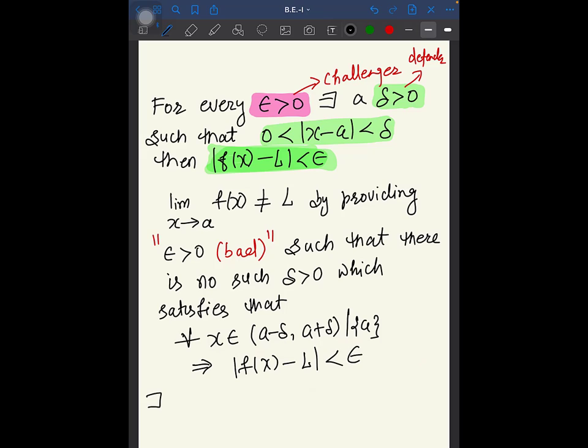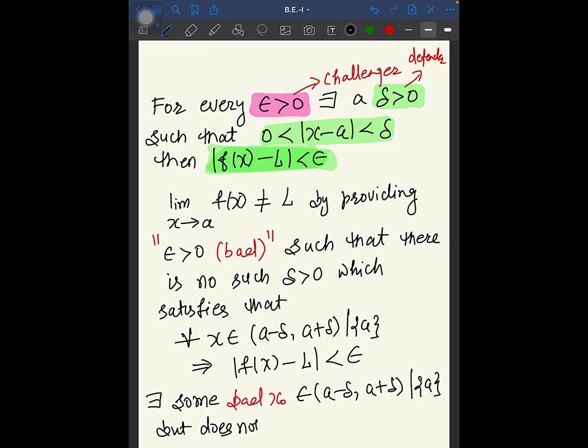So that means there exists some bad x naught which belongs to this interval but does not satisfy the absolute value of f of x minus L less than epsilon.